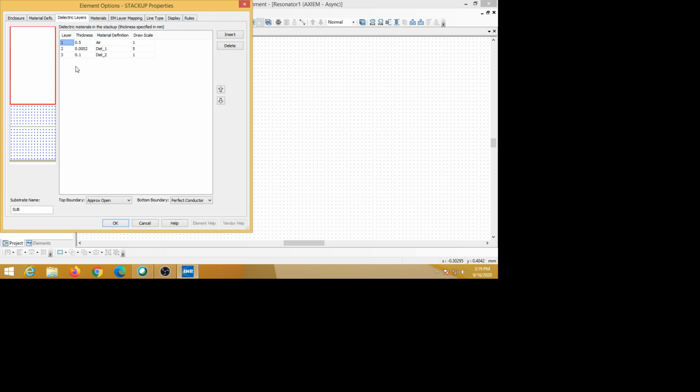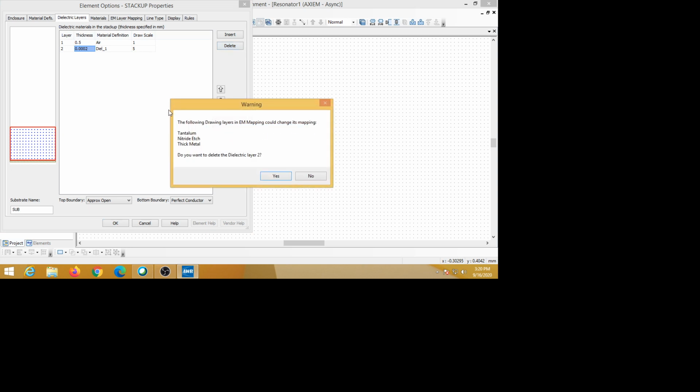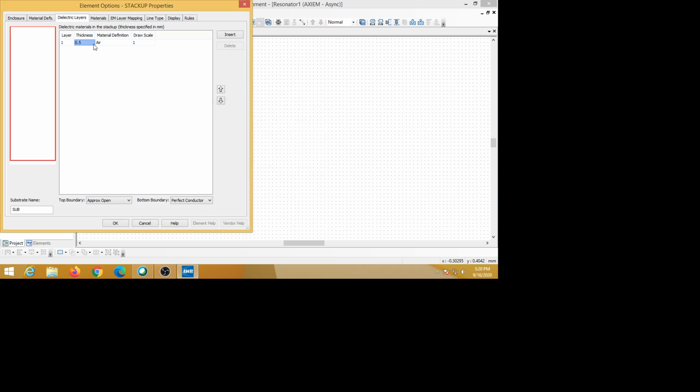Some predefined materials are there already, but these materials we are not using, so you should delete these also. But we keep the air as it is, because this air we need. This is actually above our structure, there is always air, like a space above our structure.